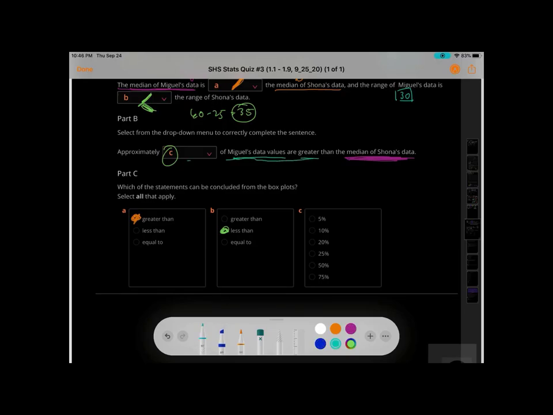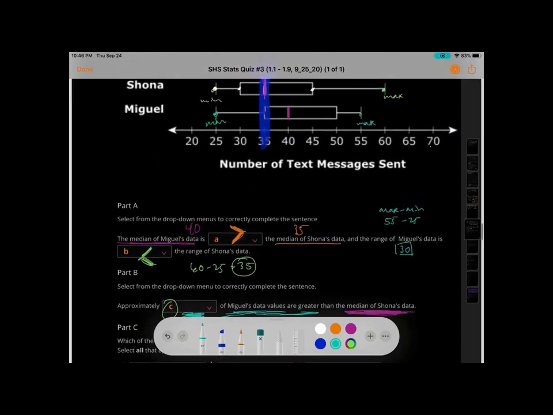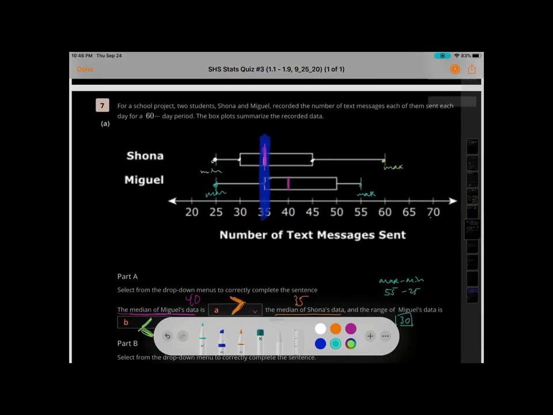So what percentage of Miguel's data is greater or bigger or to the right? The question is, on Miguel's, what percentage of data is from here to the last part of his box plot? But remember, this is his Q1 to his max. And each of these is 25%.